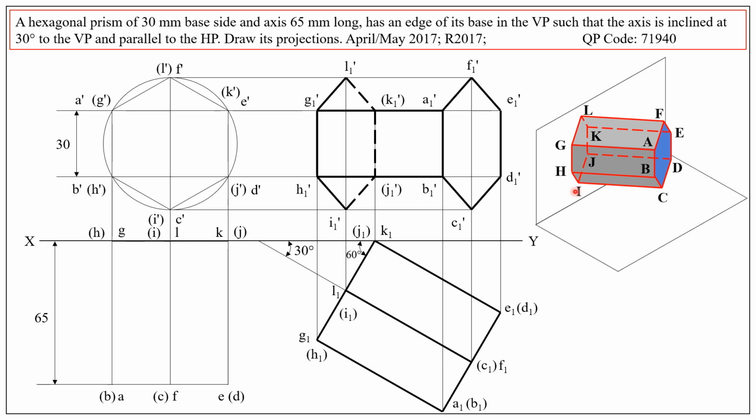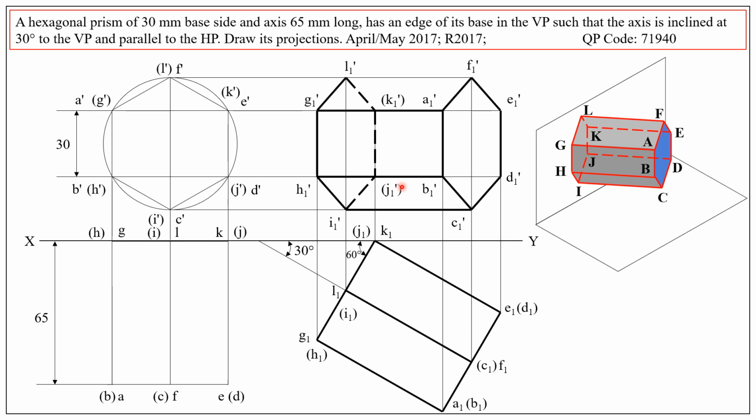So C1 dash, I1 dash, both are visible, thick continuous line. The next one is D and J. So D1 dash, J1 dash. D1 dash is visible, whereas J1 dash is invisible. So out of the 2 points, one is invisible and hence use dotted line.